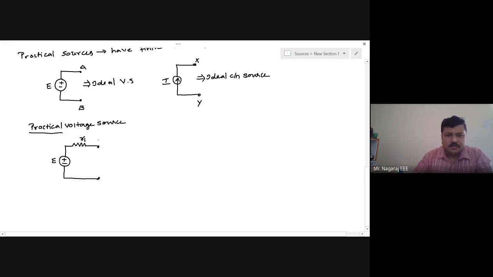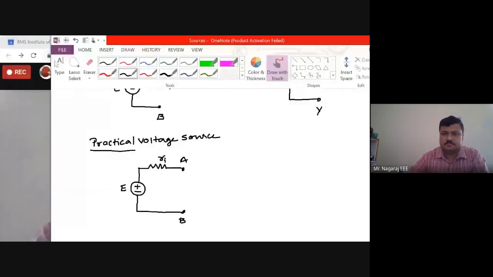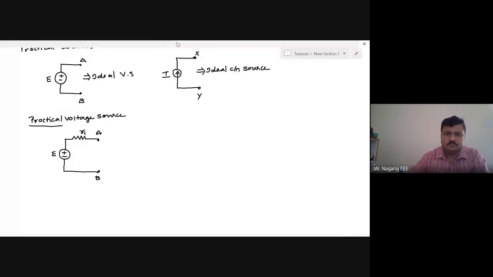Now these are the terminals A and B that are available to me for external connection. Then let me connect a load here.